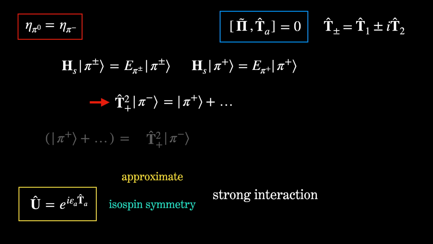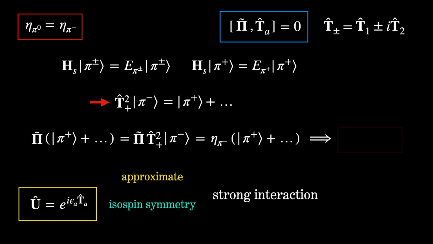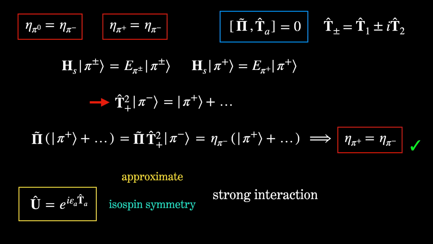Applying the parity operator to this equation, and using the blue box, we have, again, this implies that the parity of π⁺ is equal to that of π⁻. Thus, we have shown that all the particles in the pion isospin multiplet have equal parity, even though the isospin symmetry is only approximate in the strong interaction.